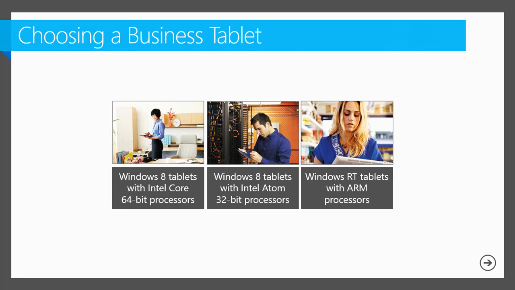Both of these are designed for long battery life, lightweight. One runs Windows RT, so it's not going to be running additional desktop applications. It's not going to support Windows 8 Pro. It's not going to support Windows 8 Enterprise. Windows 8 on an Atom processor is going to offer those levels of support.